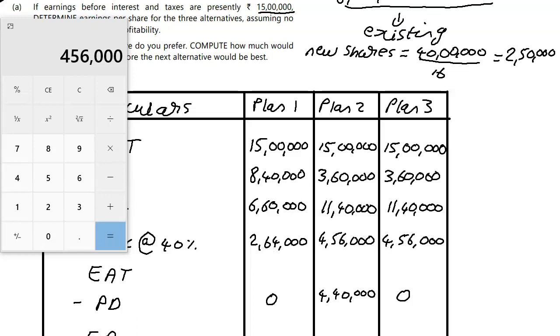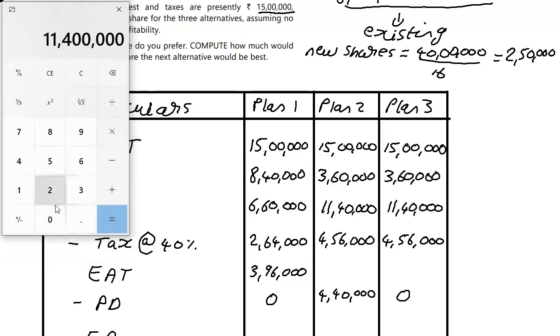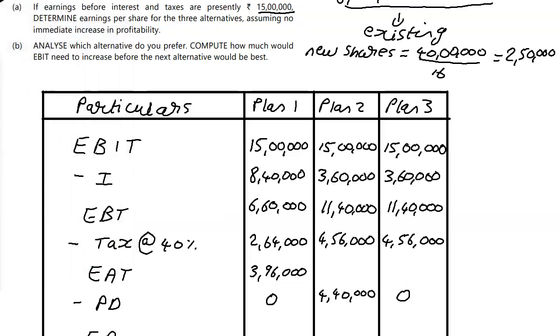Now we subtract. We take 6,60,000 minus 2,64,000, which gives us 3,96,000. Same way we do 11,40,000 minus 4,56,000, so 6,84,000 in both the places.